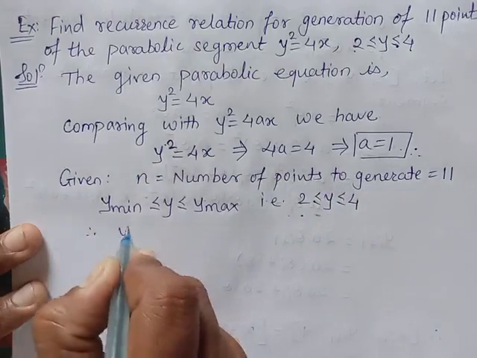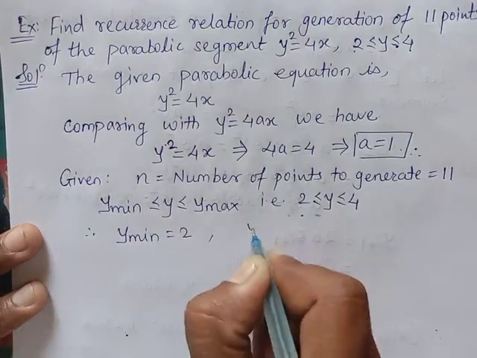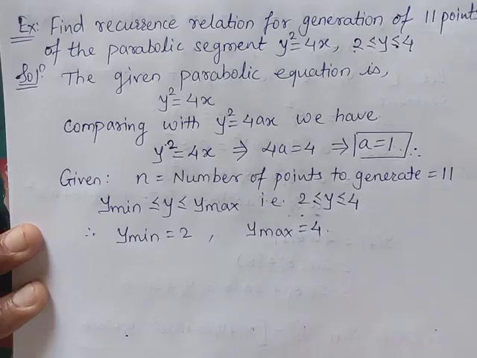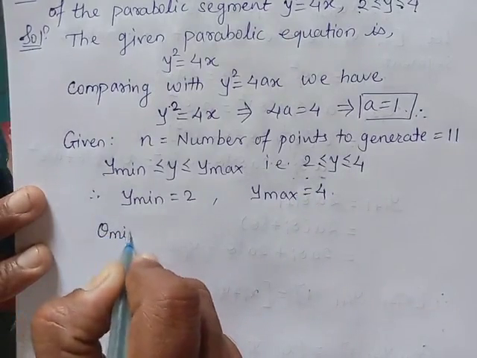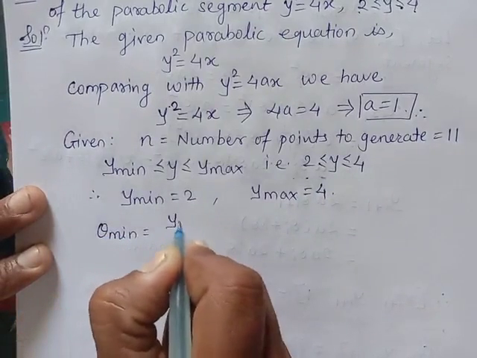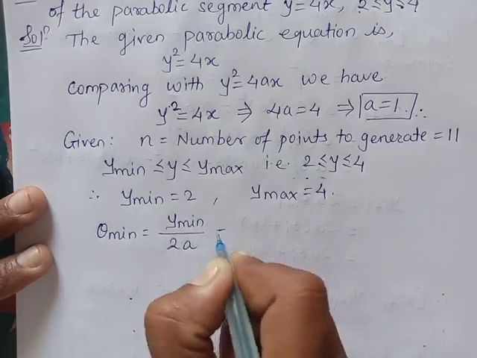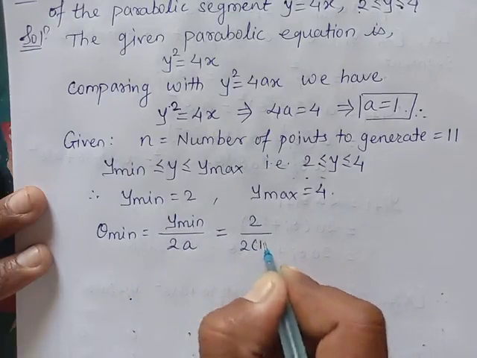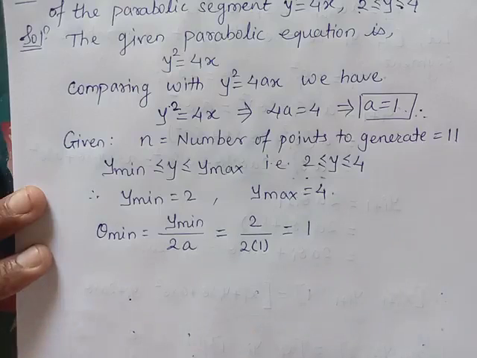Therefore y minimum equal to 2 and y maximum equal to 4. So from the algorithm, you know theta minimum can be obtained using the result y minimum upon 2a. So y minimum is 2 and a is 1 here. So theta minimum will become 1.